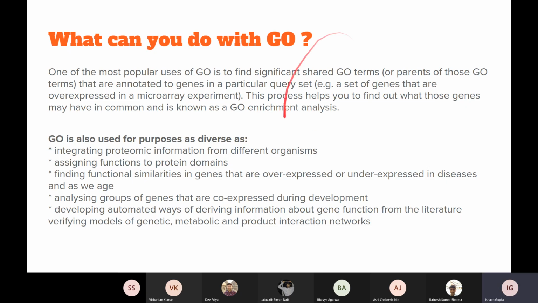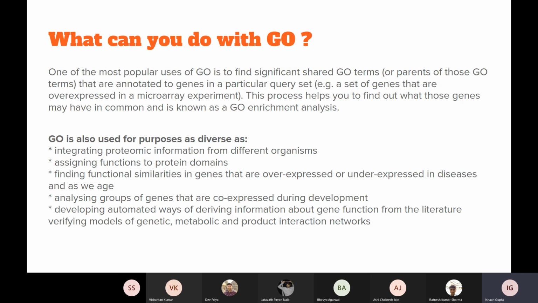Okay, you already know what you can do with the ontologies. You can understand what your gene product is doing. You can also create secondary information. If two proteins are having similar kinds of domains, most likely they're going to have similar kind of ontologies. Based on those domains, you can find genes which are a part of the same process, and they will have similar ontologies.